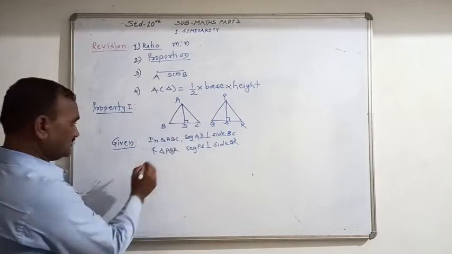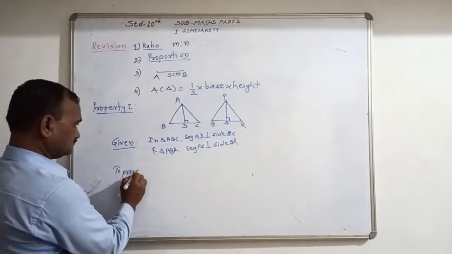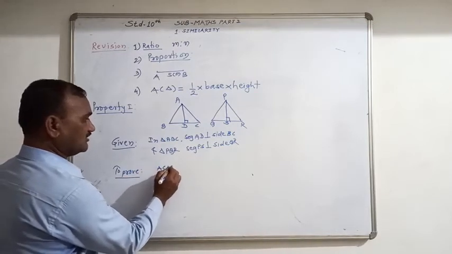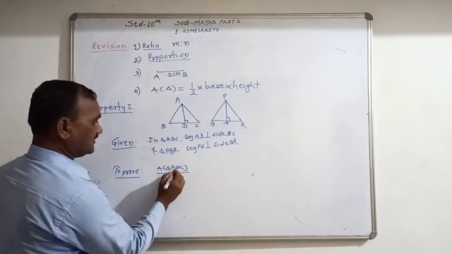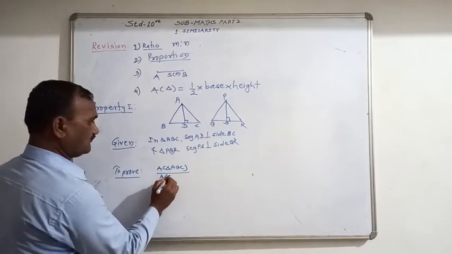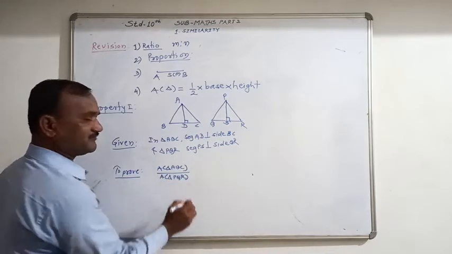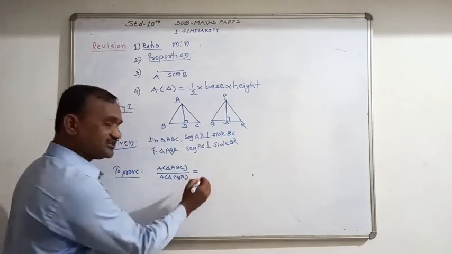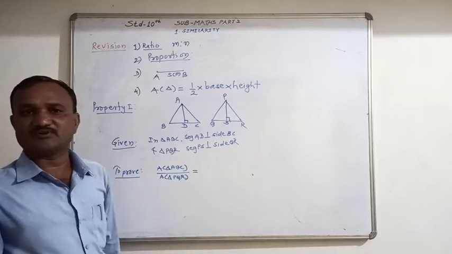So to prove: area of triangle ABC divided by area of triangle PQR. This ratio of areas of these two triangles is equal to the ratio of the product of their bases and corresponding heights.